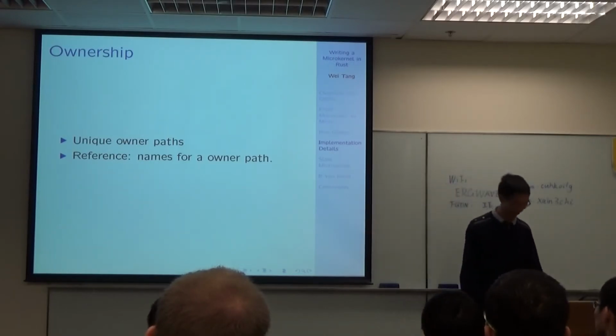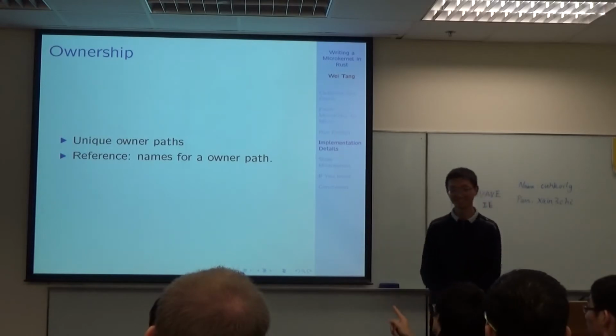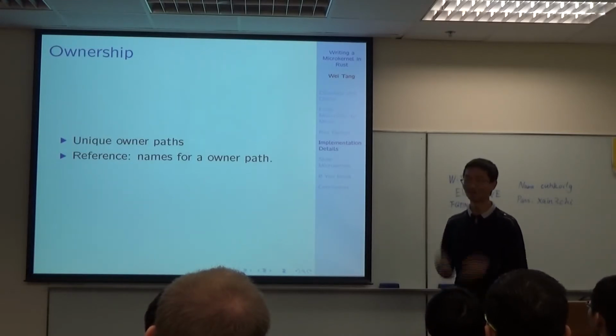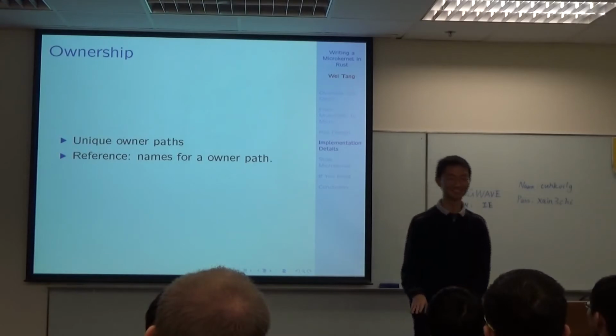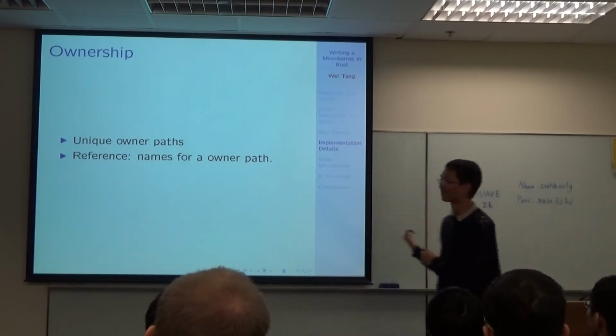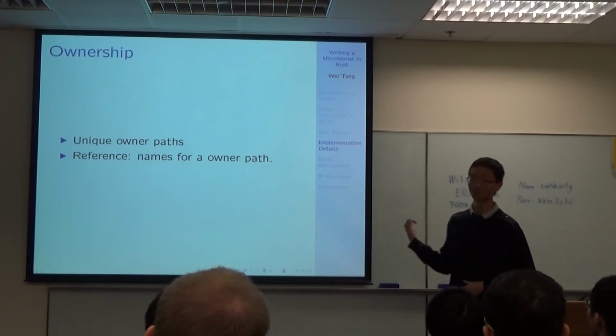I have a question. If you use reference, how do you still have thread safety? Yeah, that's a really good question. We don't have thread safety in the kernel because this kernel is non-preemptive.